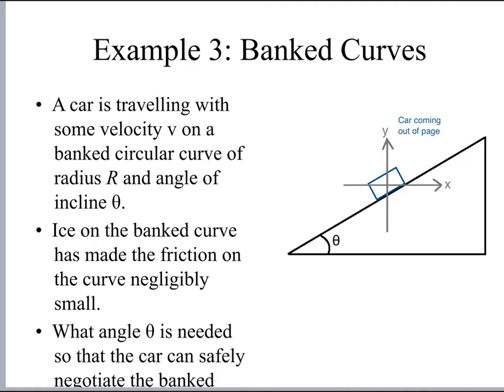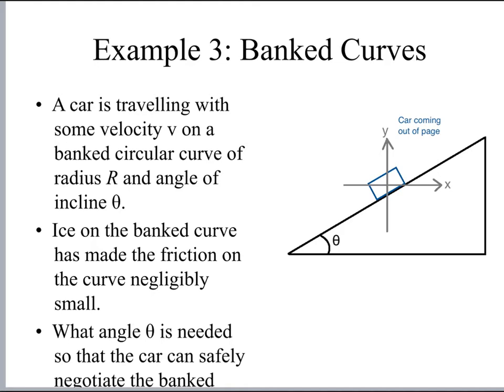This triangle would actually be coming out of the page, but also making a circle. And so again, you're going to have the car coming out of the page and making a big circle, but as it does, the car is tilted on this incline. So hopefully you understand the picture that I'm trying to describe here.